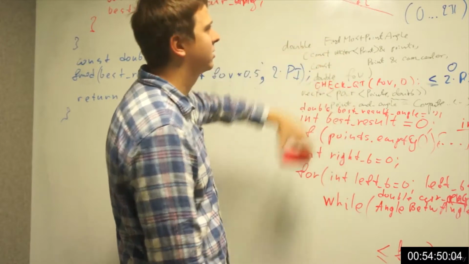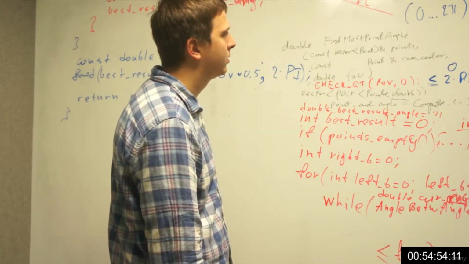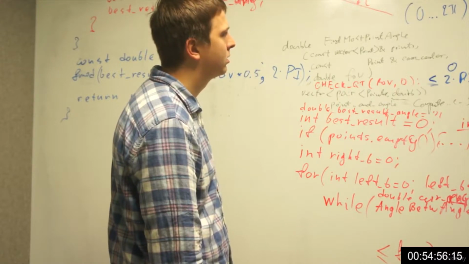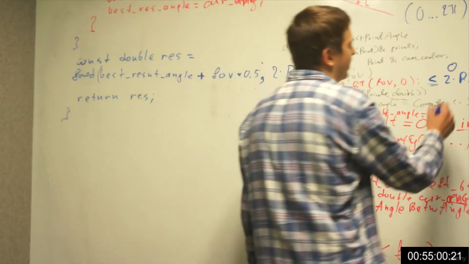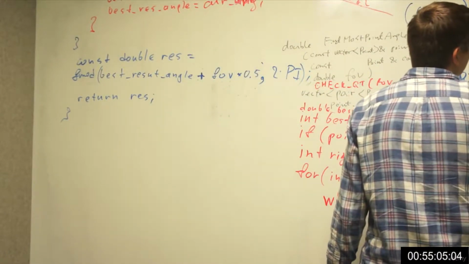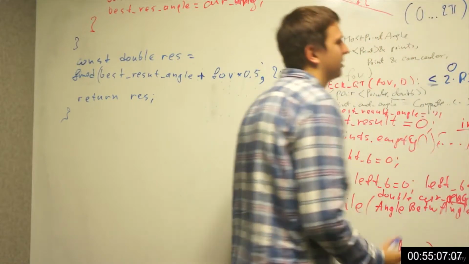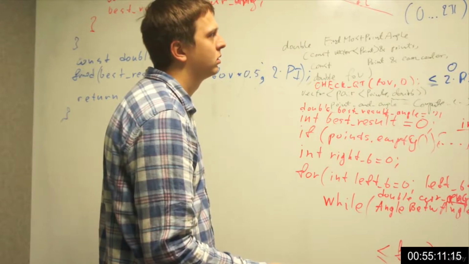It's already calculated angle. Like we have points here, the left point is there, the right point is there. And then we put them into that function. The return value will be the angle distance in angle space between 2 points. I see.